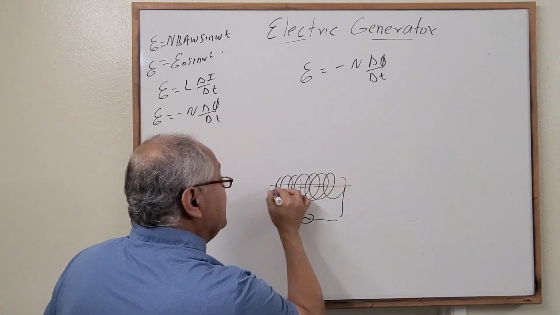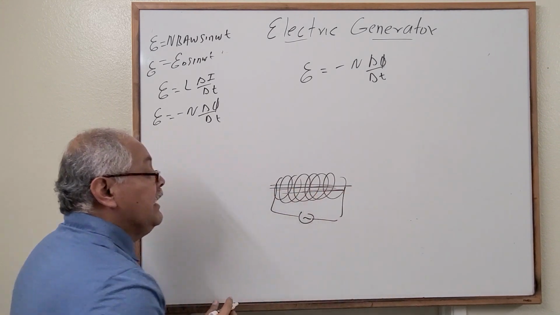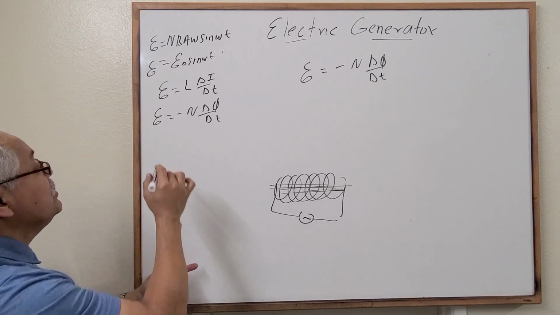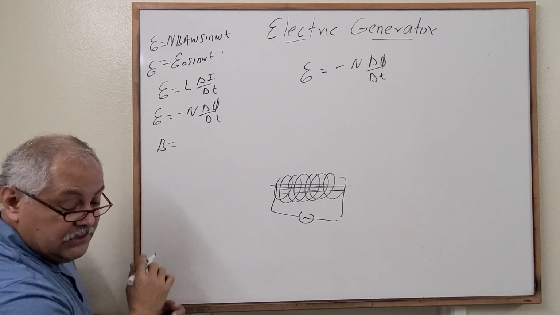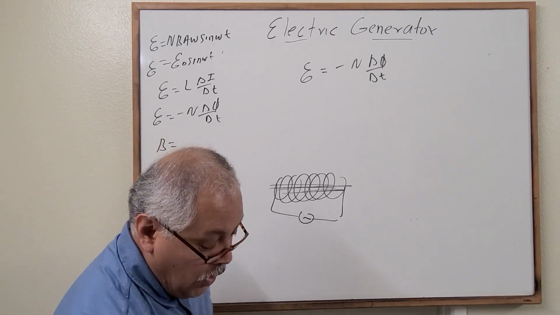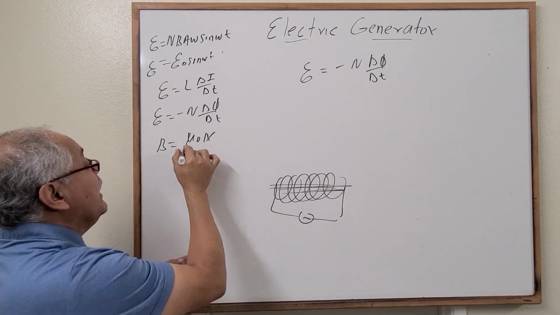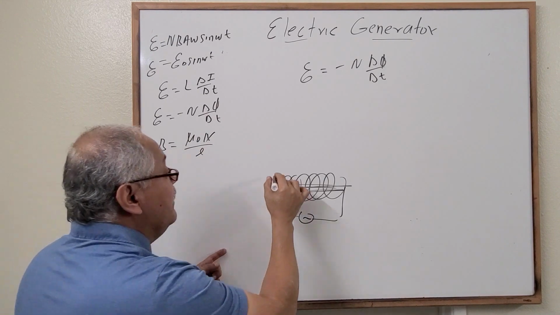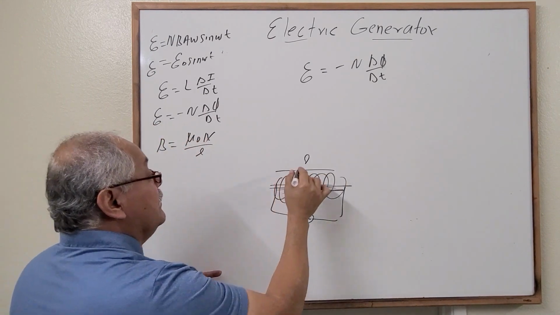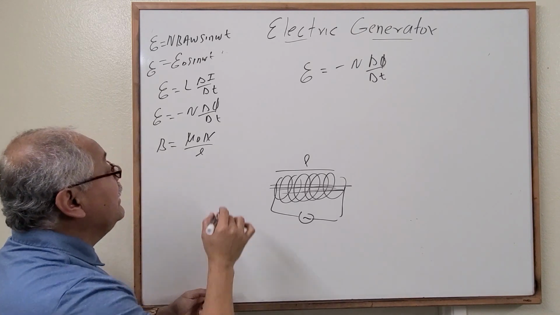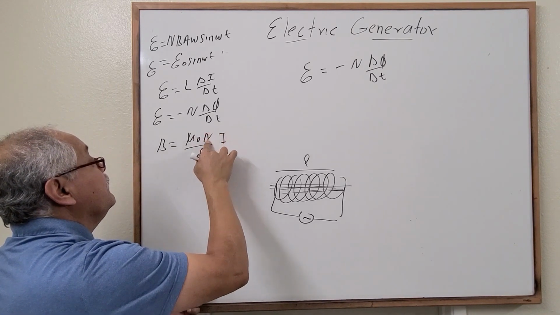This magnetic field, for a solenoid, is equal to mu naught times the number of turns divided by L, the length of the solenoid, times the current.